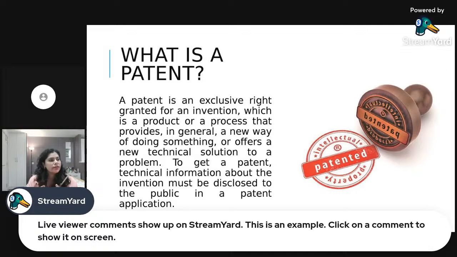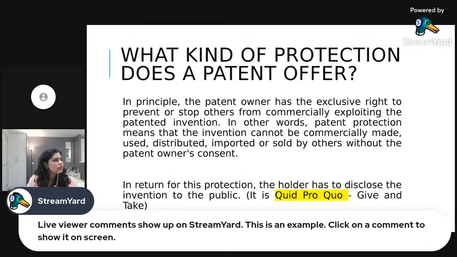So, how patents usually work is that it works on a very quid pro quo function, which means that I have to disclose the invention to the public so that people can make use of this invention after my monopoly rights are over. So it's more of a give and take sort of a situation happening here.